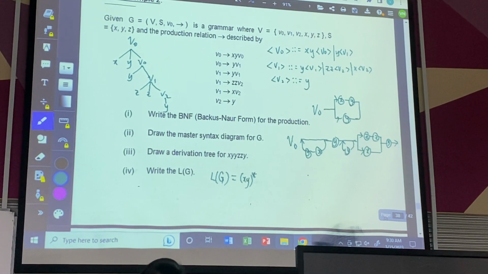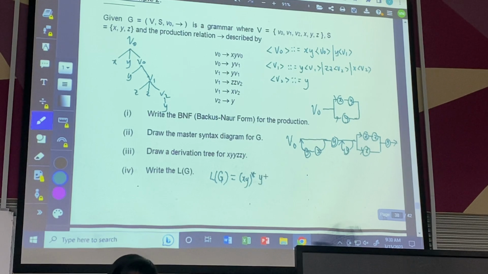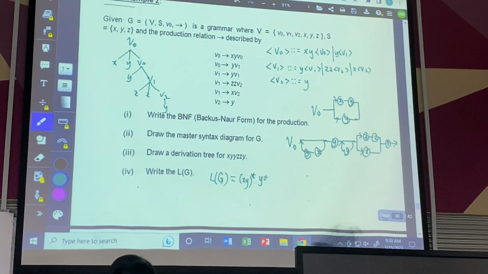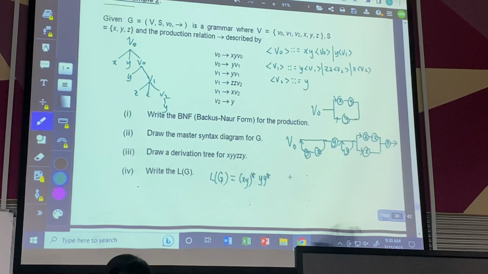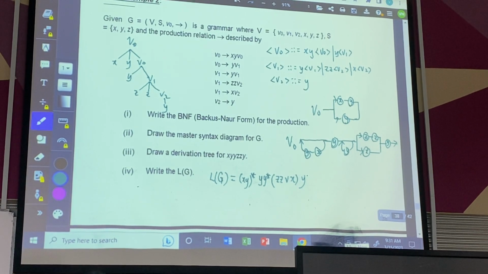After that? Y and the big. Y, S3. Bracket Z or S. Z or X, Y. Y. Agree?